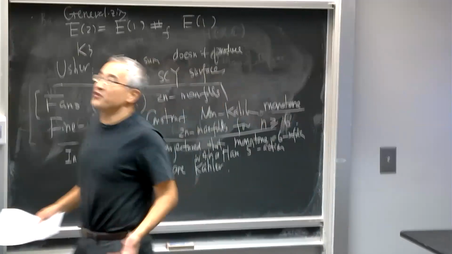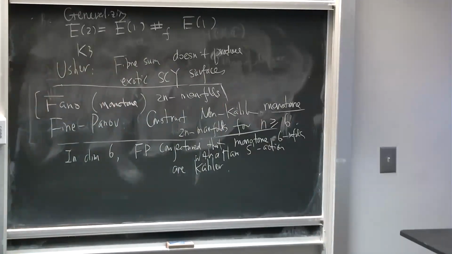Of course, if you impose the maximal symmetry, a 3-dimensional torus symmetry, you know it's toric, so hence it's Kähler, right? So you're saying that with just any continuous symmetry, you'll stay in the Kähler category.